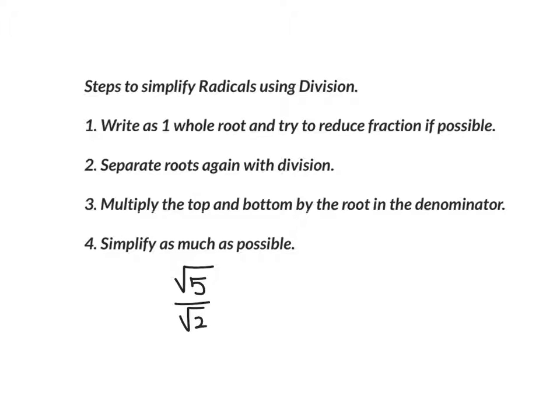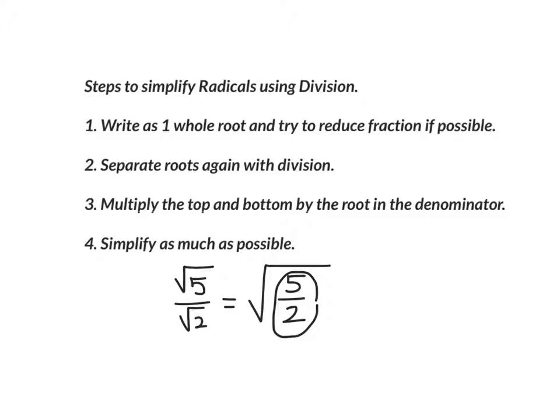When I say write it as one whole root, what I mean is write it as the square root of 5 over 2. You can do that as long as the indices are the same. So I want to do that first, and then try to reduce this fraction if possible. Sometimes that fraction will reduce for you, sometimes it won't.